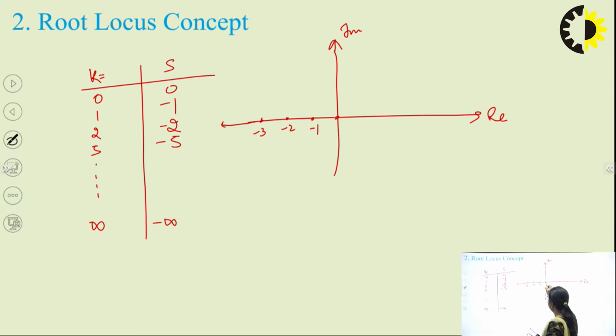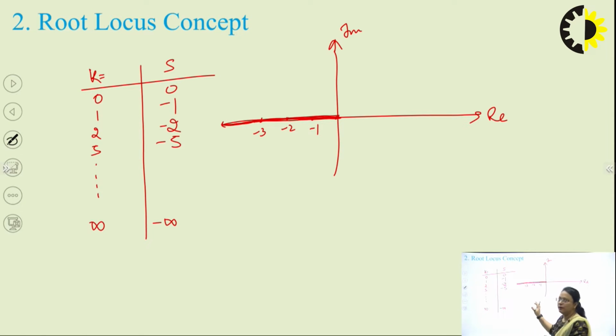When I am joining all these points, the locus of all these points will give us the root locus. For separate values of K, I am getting separate values of s, that means a separate set of roots of the characteristic equation, or you can say the closed loop poles, and the locus of all these roots is giving me the root locus.